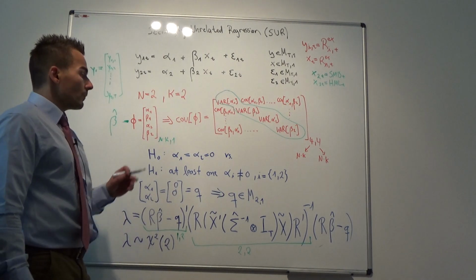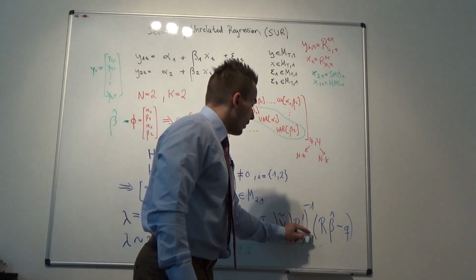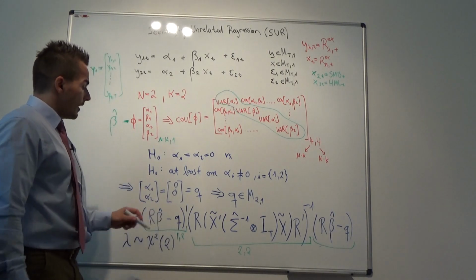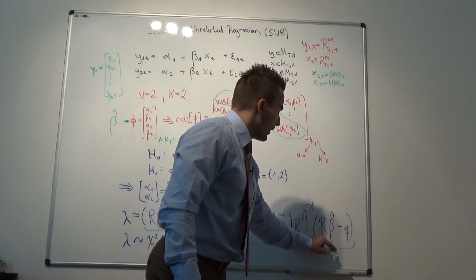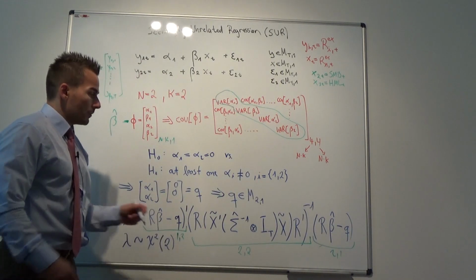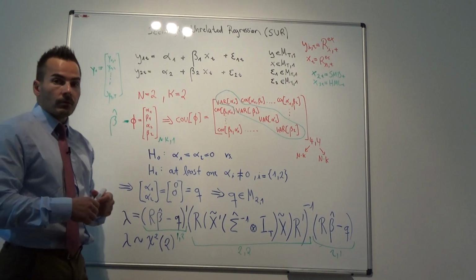And then we have to multiply it again with what? With the same thing that we have here on the left-hand side, and that has the dimension 2 by 1. Note now, again, here it's transposed, that's why it's 1 by 2. So what comes out is a number, of course.